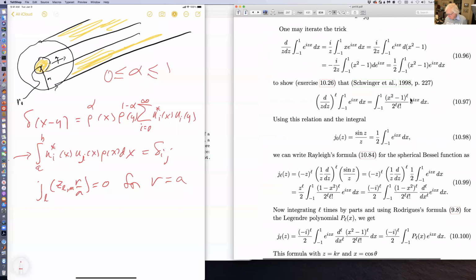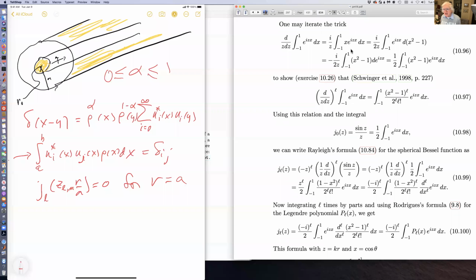Schwinger was simply a magician with mathematics. One of his tricks was to write 1 over z d by dz of the integral of e to the ikz. Well, d by dz brings down an x.